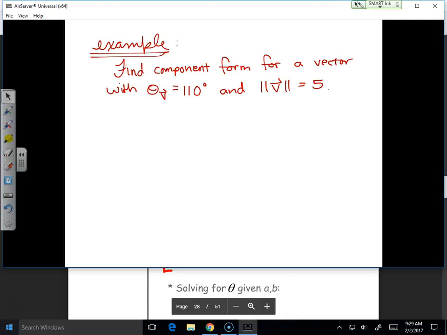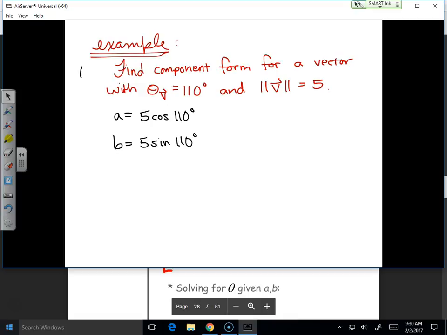So you guys are grabbing out your calculators, because we just talked about this and said, no big deal. To find A, we use a formula, and to find B, we use a formula, right? So A would be 5 cosine of 110. B would be 5 sine of 110.